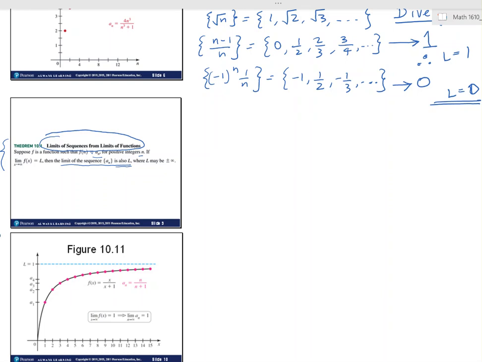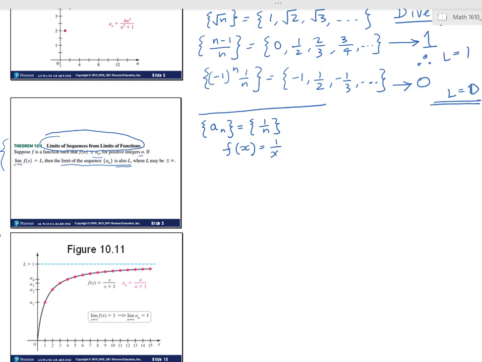So what it basically said is the following. Suppose you have a sequence a_n. Let's take the simple sequence 1 over n. Now the function that generates this sequence would be f of x, and all that you have to do is replace the n with x.